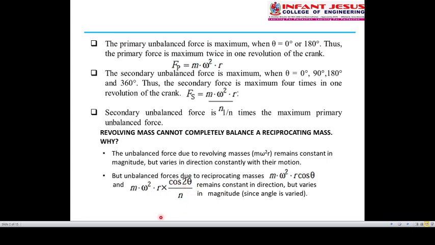So a reciprocating mass cannot be completely balanced by a revolving mass, since it is not constant in its magnitude.